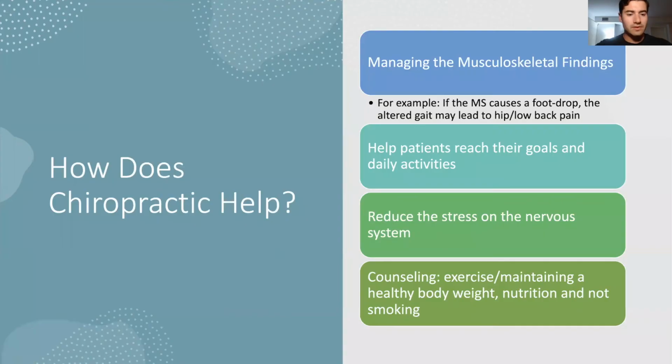So, how does chiropractic fit into this, right? I think one thing that can be said already is, we can do the physical examination.